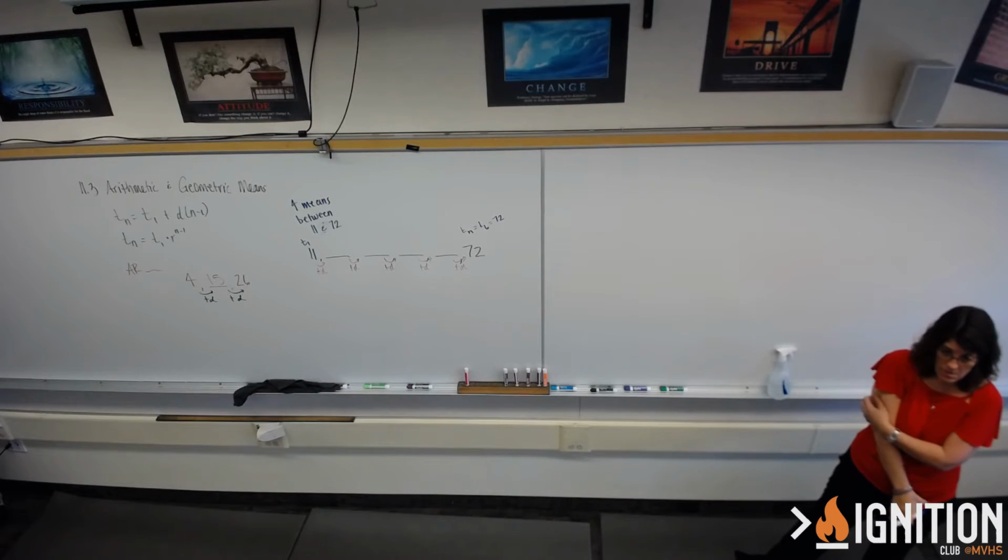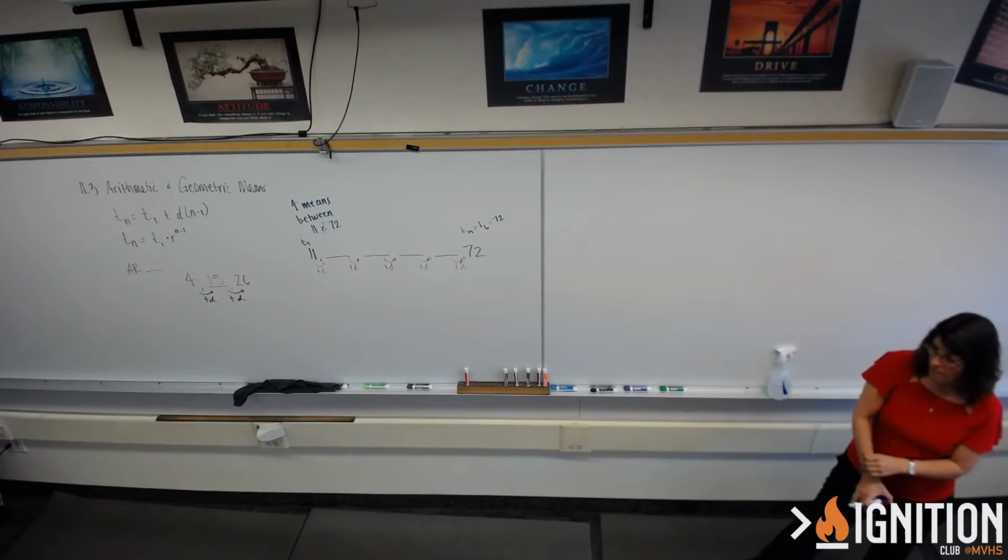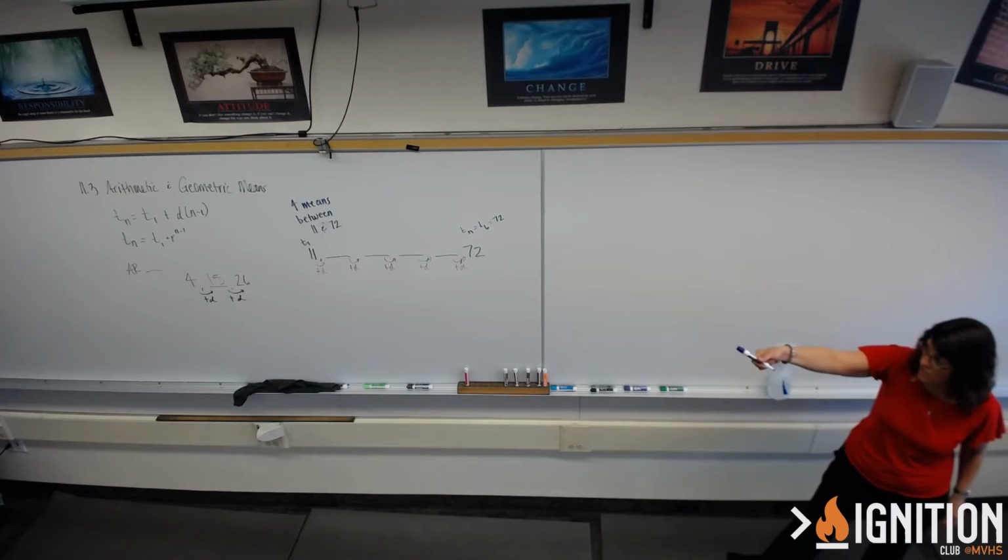Follow? So for this particular sequence, n is 6. The n represents the term number, which in this case is 6. And why is it 6? Because we stopped. I gave you 6 terms. But n is not only 6. Over there, n was 3.